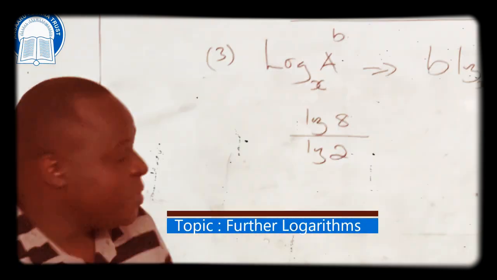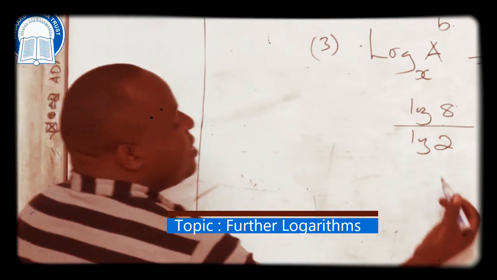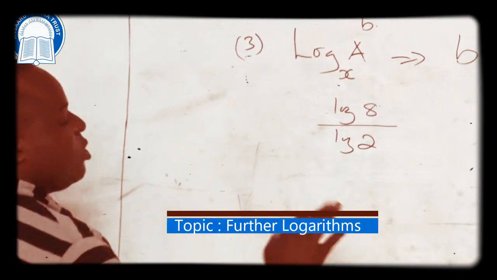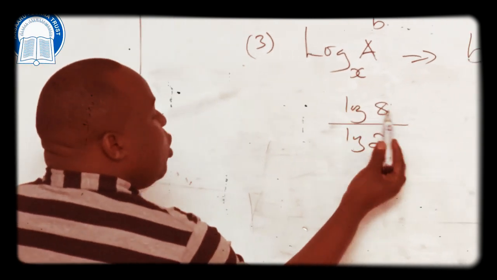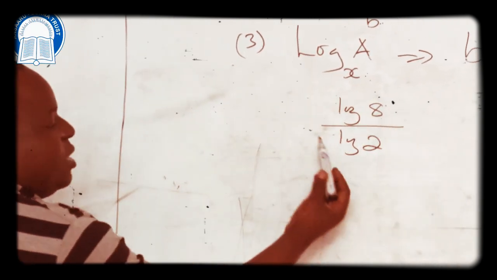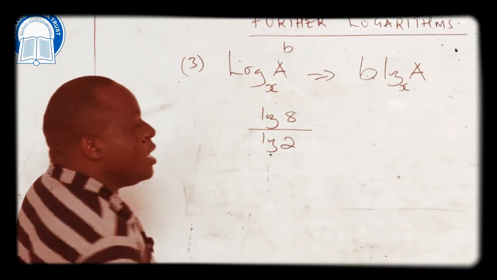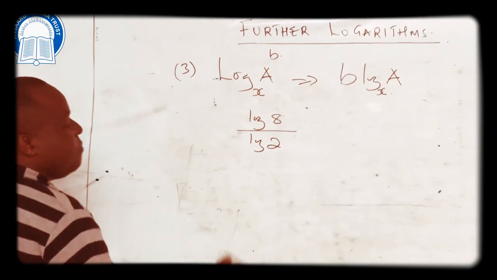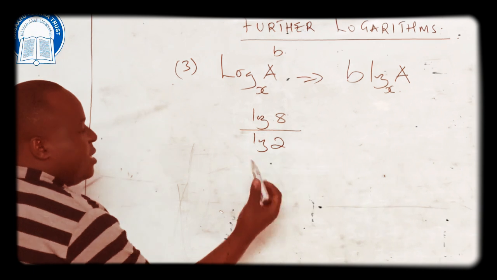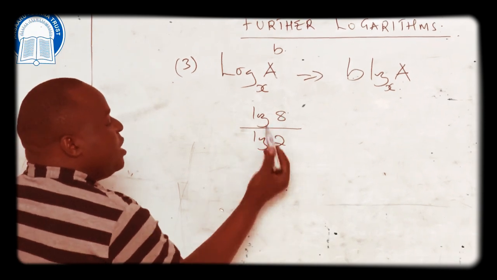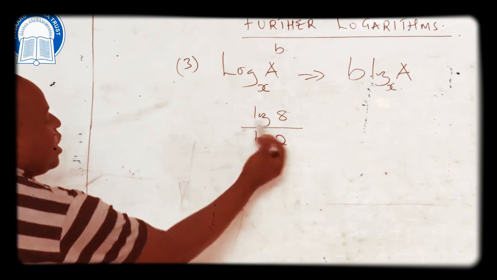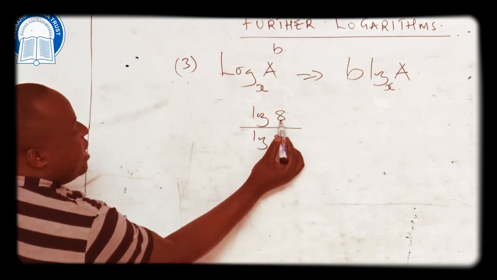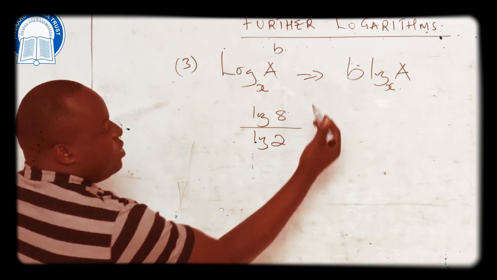So with this simple example that I'll use first, anytime you have a log over another log, numerator, denominator, then in between a divide sign, this means that there is a way in which either the numerator or the denominator can be written in terms of the other. So looking at this and this law, I can write 8 in terms of 2 raised to 3.